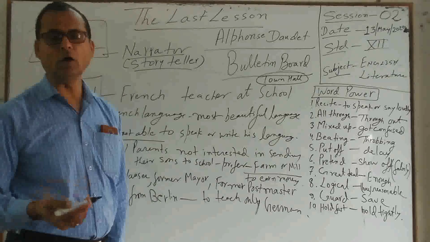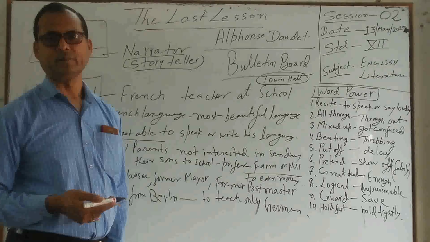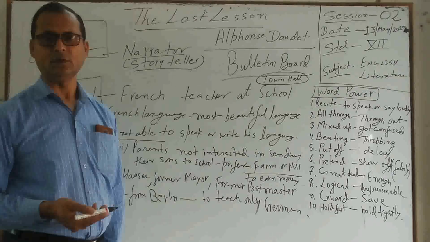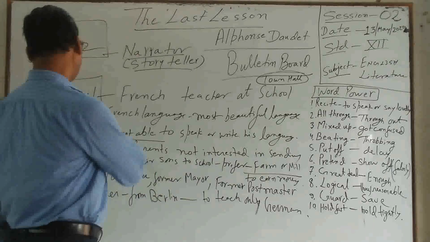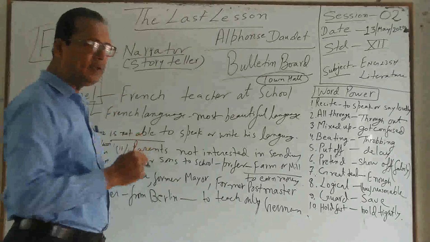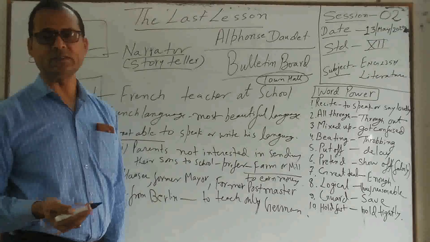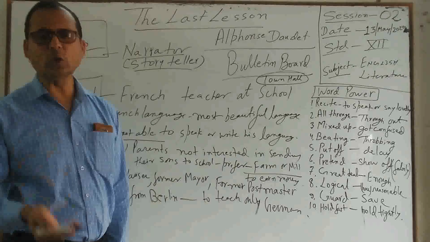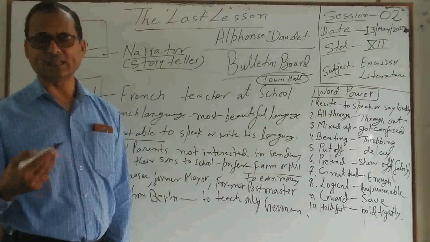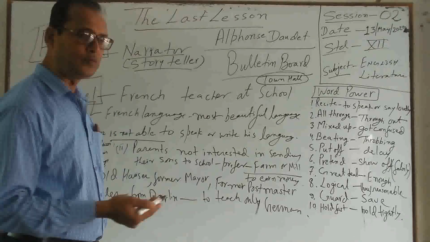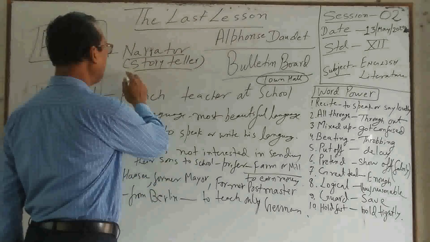He is a symbol of a student, and through his performance, activity or interest, the teacher M. Hamel, the French teacher, has tried to present the interest of the students and the parents towards the French language. So first of all, we have seen Franz, the narrator and the storyteller.